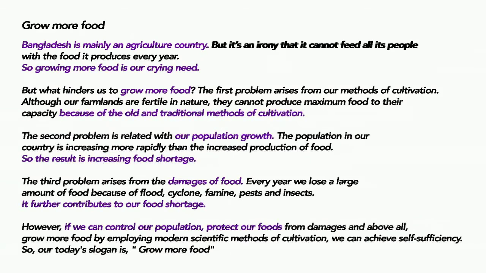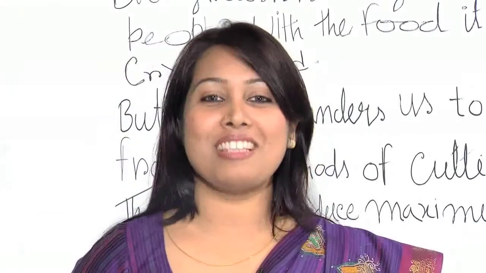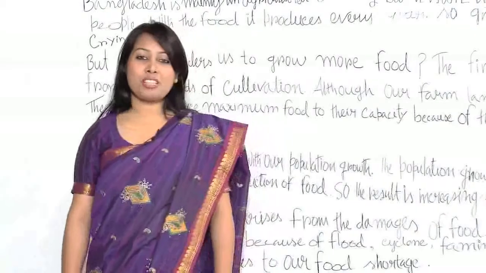If we can control our population, we can achieve self-sufficiency. It is called the topic sentence. We can see the composition.